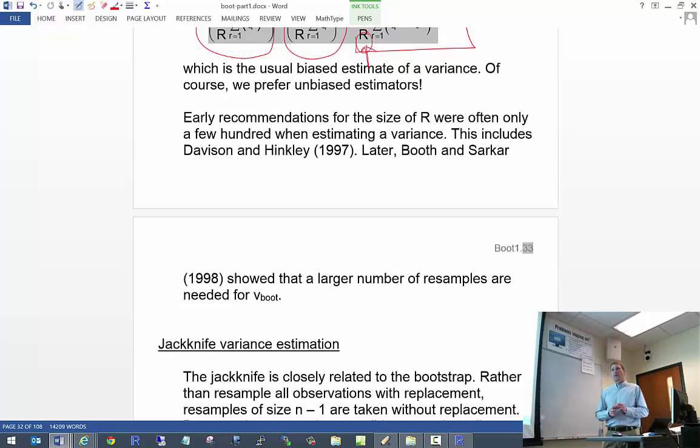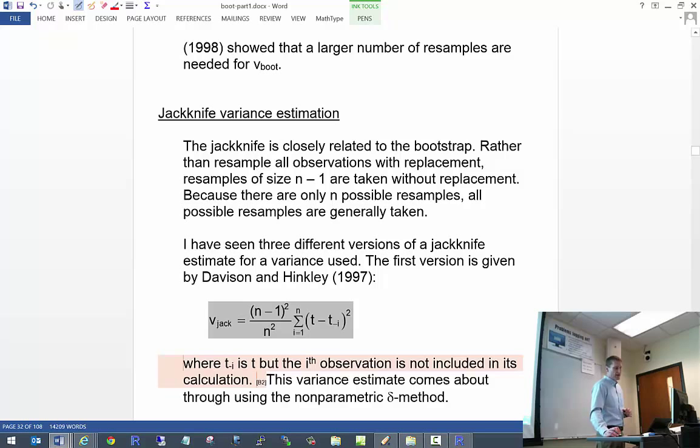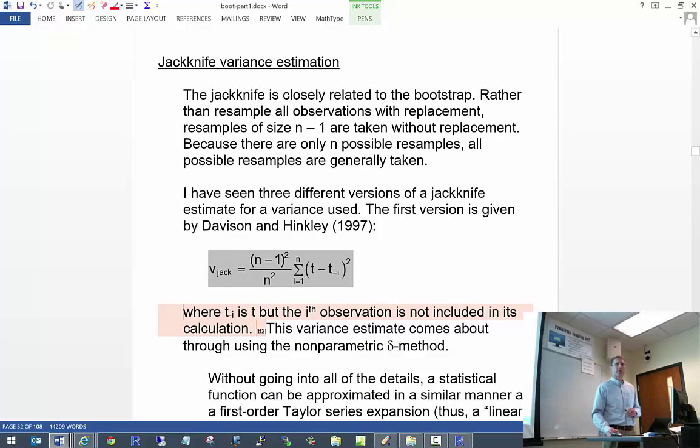However, shortly after Davison and Hinkley's book was published, Booth and Sarkar in an American Statistician paper showed that indeed you do need a larger number of resamples to get a good value for V boot. So I would recommend at least 1,000 for R. And nowadays, unless you have a very complicated statistic, that's not going to be too difficult to do.